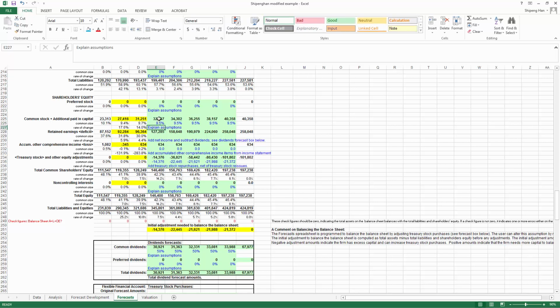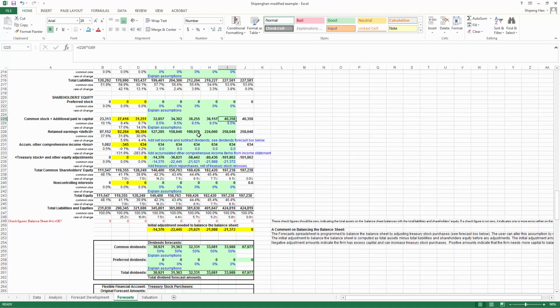So that's the balance of common stock and additional paid-in capital. It makes sense because when a company's total assets increase, the company tends to issue more stock, right? Or the newly issued stock contributes to the increase in assets.